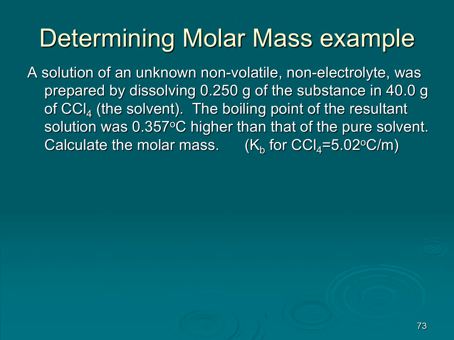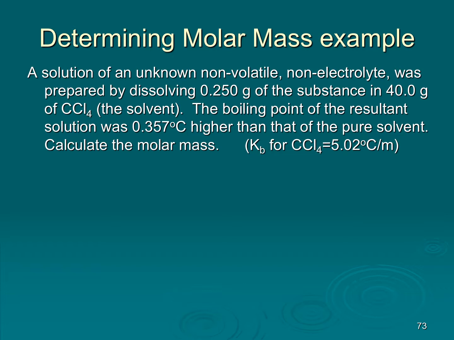Okay, so here's an example. A solution of an unknown non-volatile non-electrolyte. That's important because we need to know that i equals 1 to do these kinds of problems, or it has to be told to you. Anyway, a non-volatile non-electrolyte was prepared by dissolving 0.250 grams of that unknown substance in 40 grams of carbon tetrachloride, the solvent.